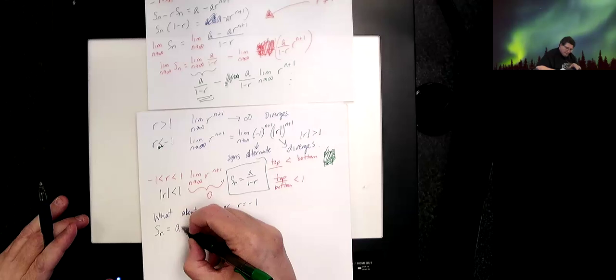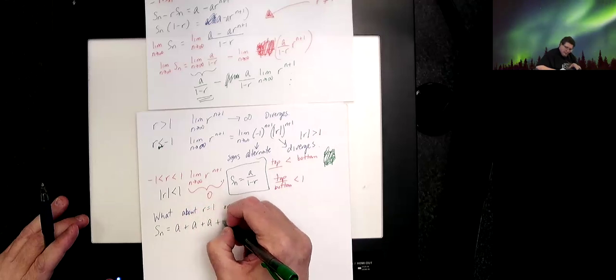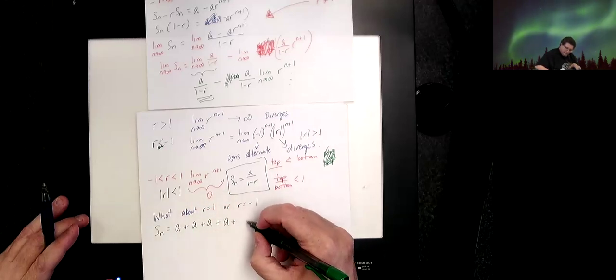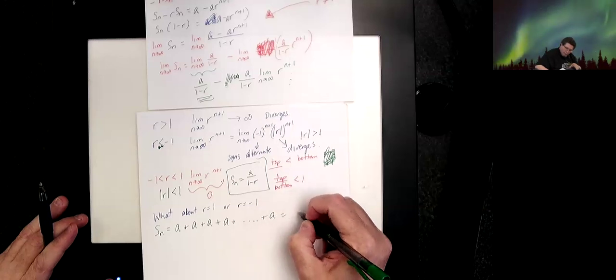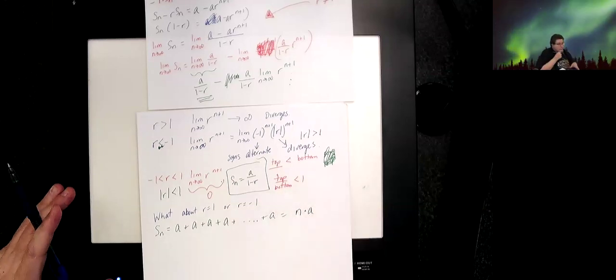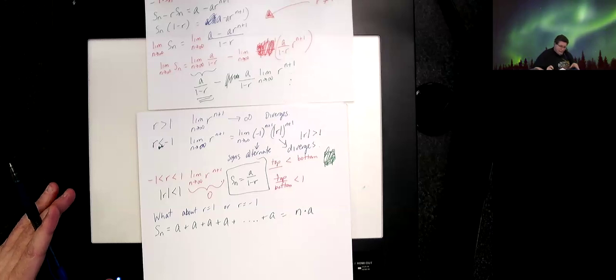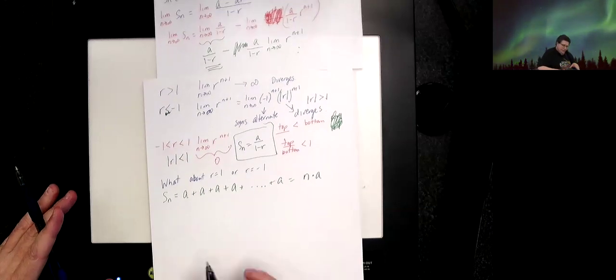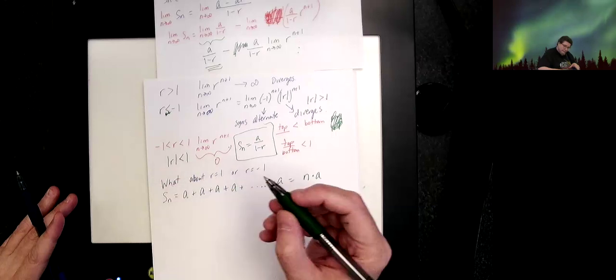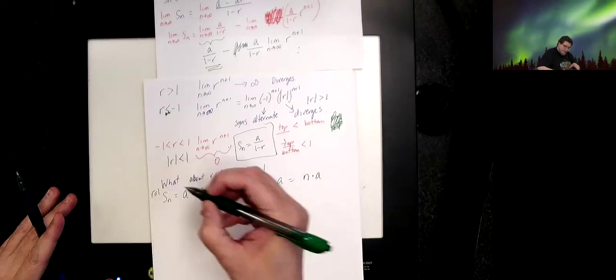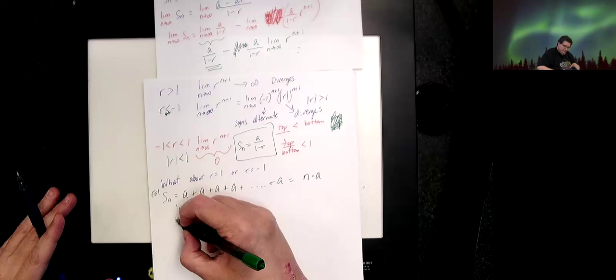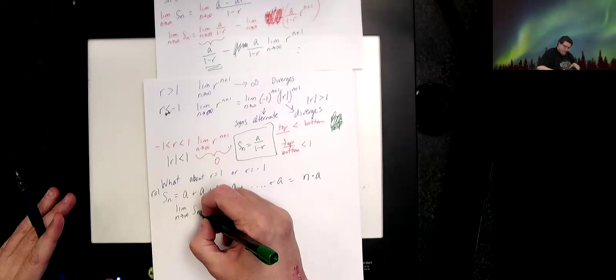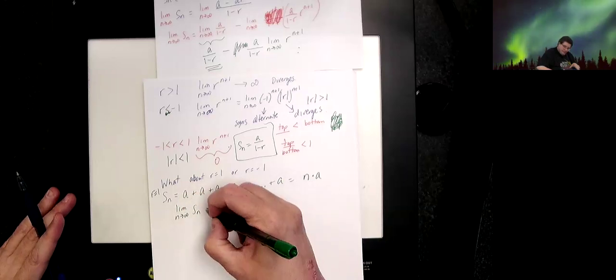It's going to be a plus a plus a plus a plus a, or n times a. It'll be n a's. If I do the limit as n goes to infinity on this one, this is the r equals 1 case. The limit as n goes to infinity of S sub n is divergent.